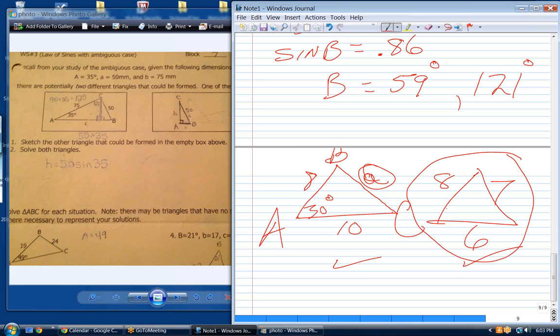In the other case, the first thing you'll get is one of the angles using the law of cosines. Once you get that angle, now finish the problem using the law of sines. All right.